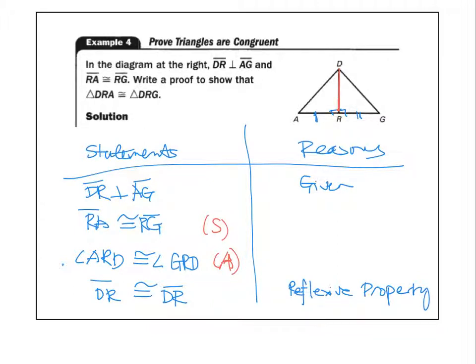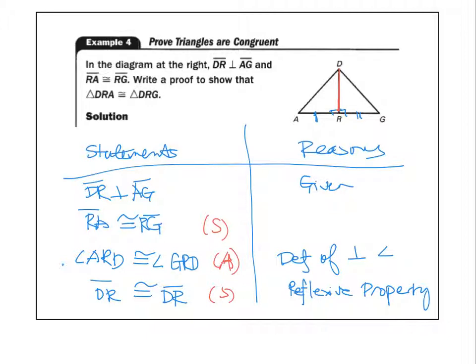I forgot to mention that these two angles are congruent by the definition of perpendicular. If they're perpendicular, that means the two angles are 90 degrees. I forgot to mention that. So this gives me another side.